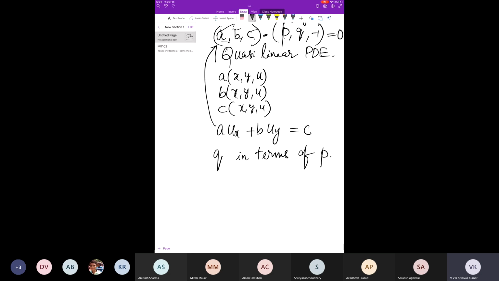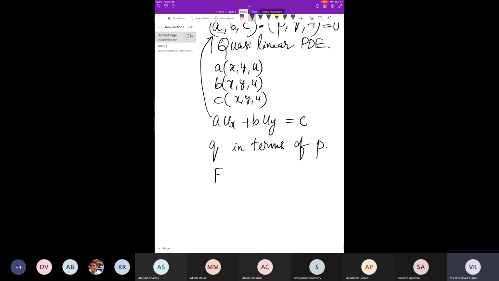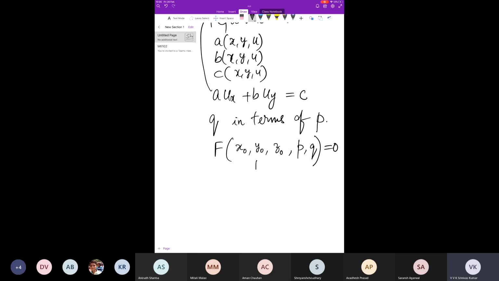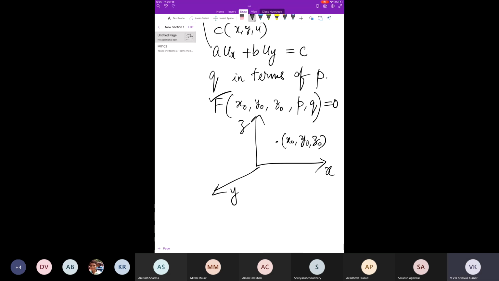But in the general fully nonlinear case also, if you look at a point x naught, y naught, z naught in R3, this function is also an implicit function of p and q.